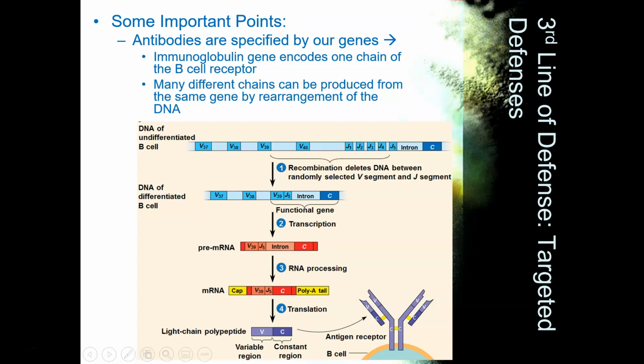So every cell in your body, just sort of a side note here, contains all of the genetic information. It's identical. If I take a cell out of your skin versus a cell out of your brain versus a blood cell, they all contain the entirety of your genome, all 46 chromosomes worth of information.